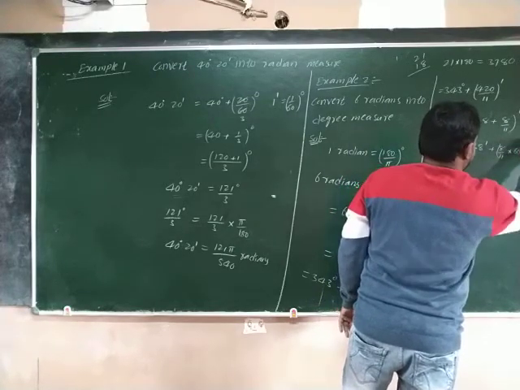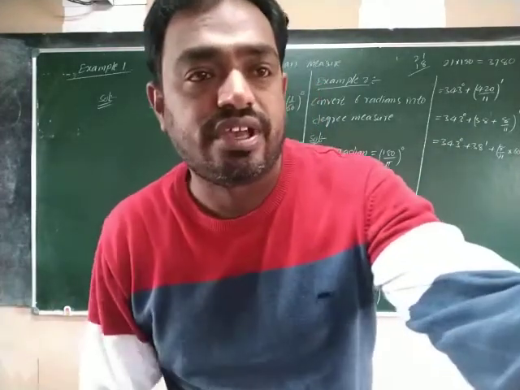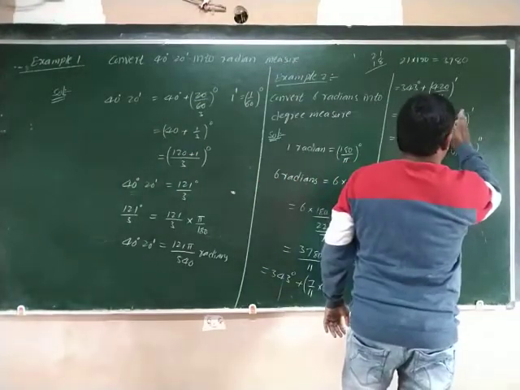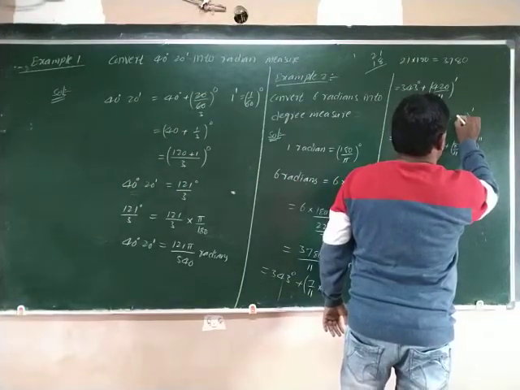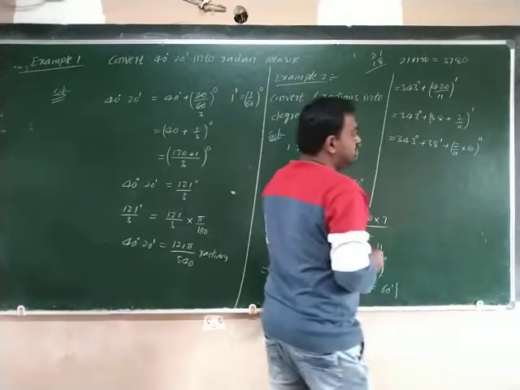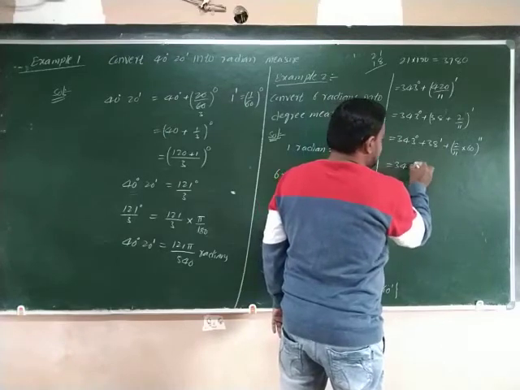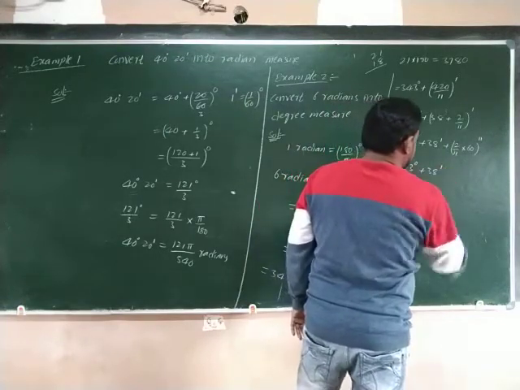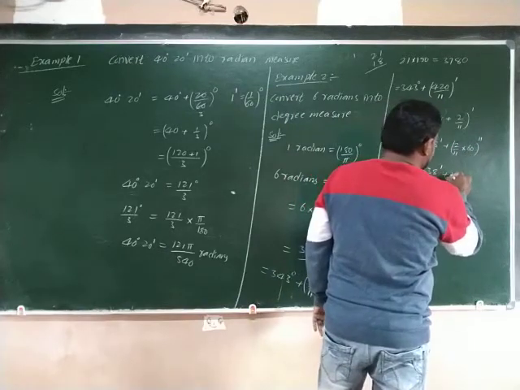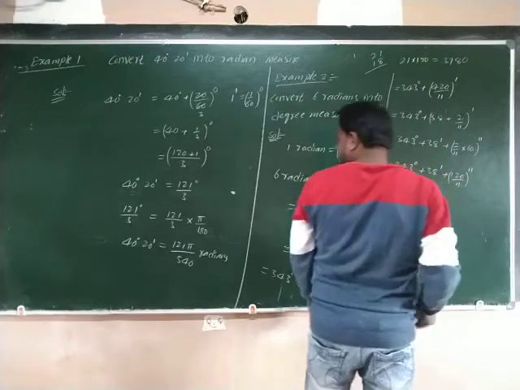Then you multiply by 60, and it is converted to seconds. The remainder here is 2 only, so 2 by 11. This is 343 degrees plus 38 minutes plus 2 into 60, 120 by 11 seconds.